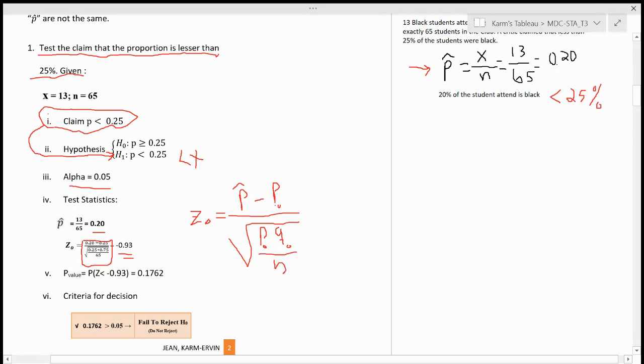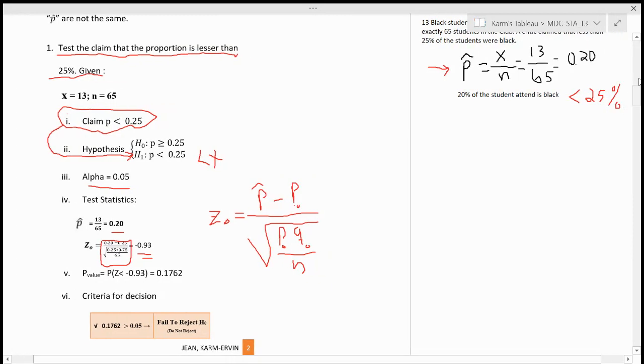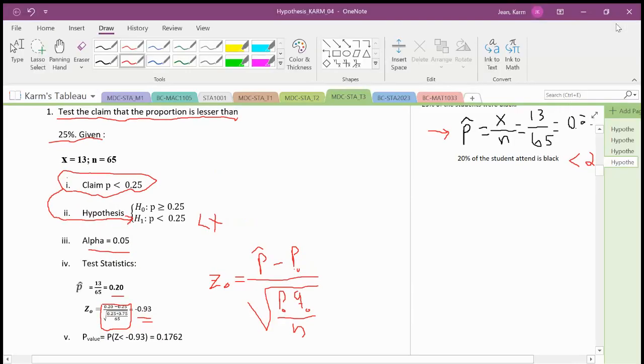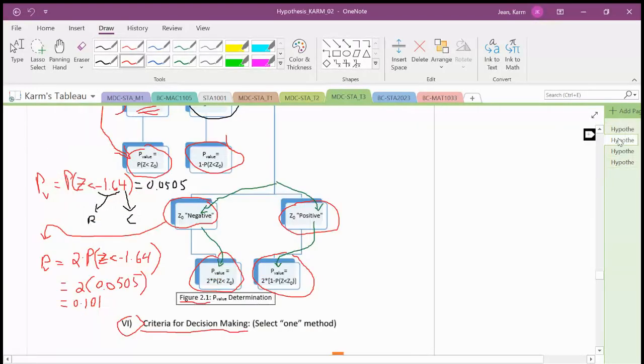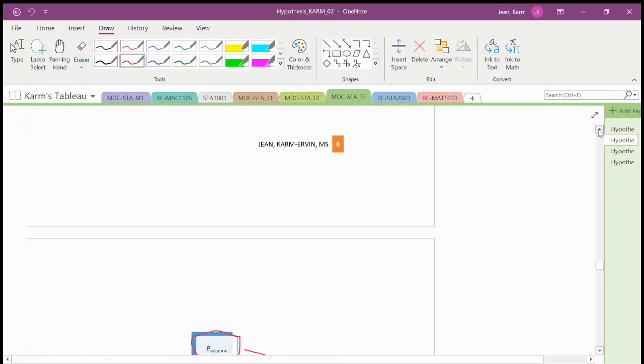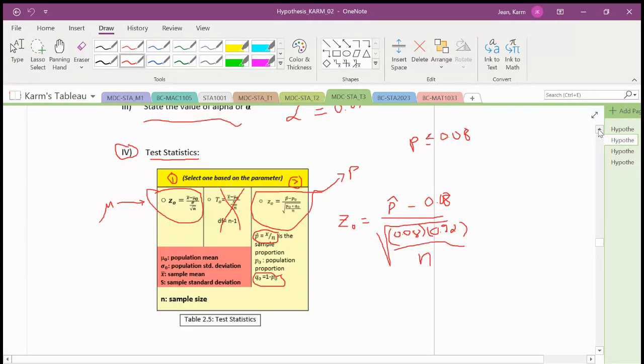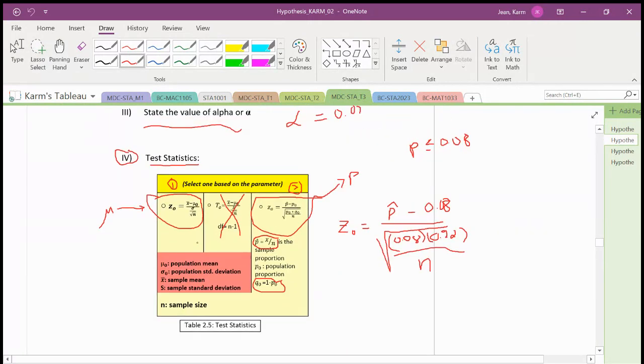If this formula looks new to you, I want to remind you again, we saw it a couple weeks ago. Let me just remind you. Right here, in the second week that we went over hypothesis testing, the formula was right there. That's the formula I'm using, this one.